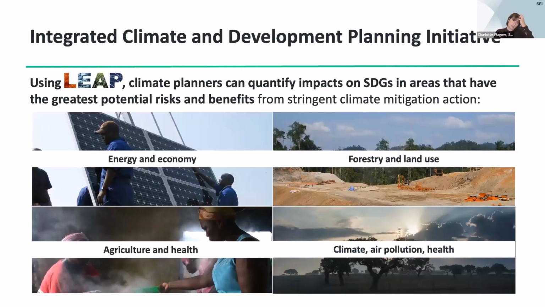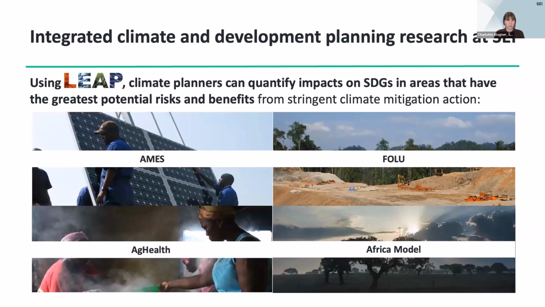And so we identified 4 areas where such tools would be most helpful and would provide the greatest return, essentially. And those 4 areas: impacts from forestry and land use, interactions between agricultural policies, health, and climate, air pollution, and health interactions.